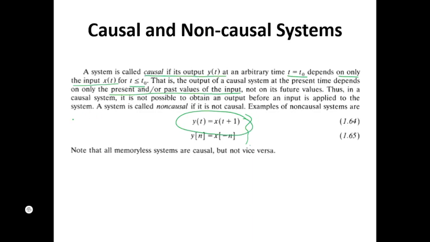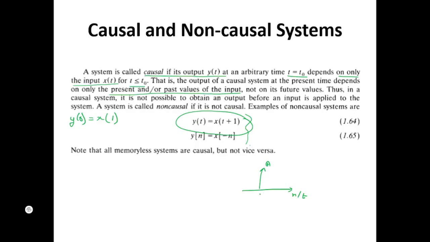Say for example I want to find out y(0), which is equal to x(0+1), so it is x(1), so it is the future value. If you remember this graph, it will be n or t and amplitude.